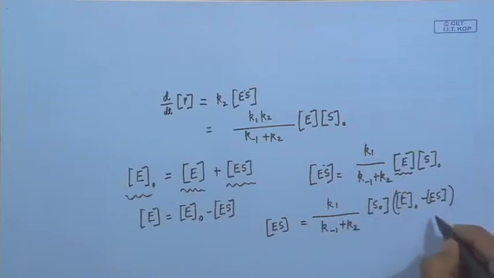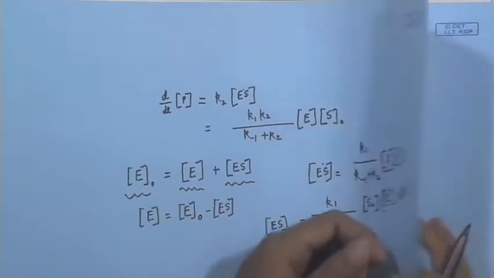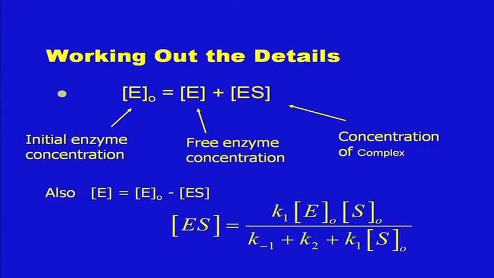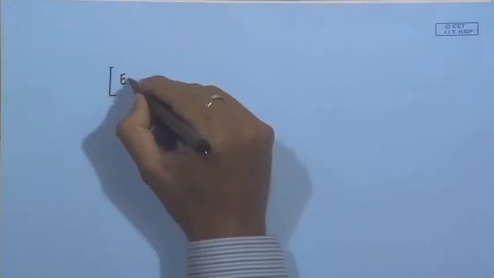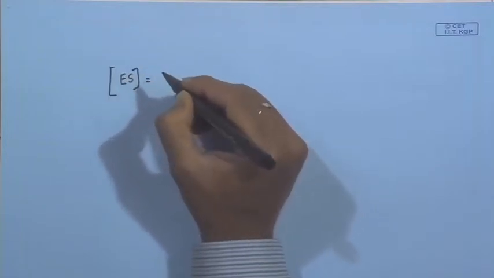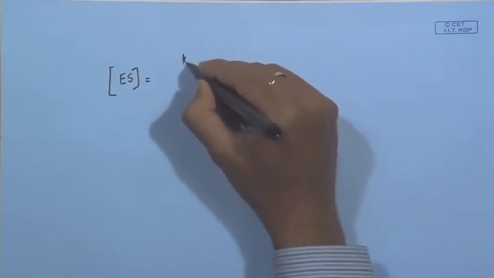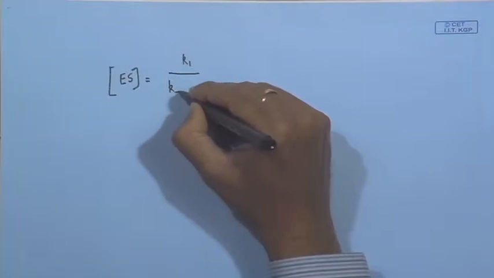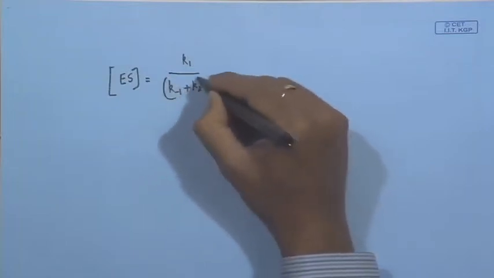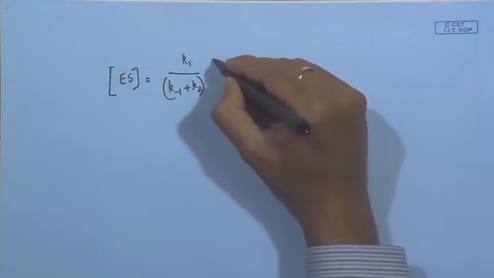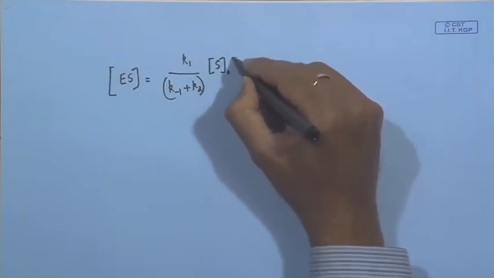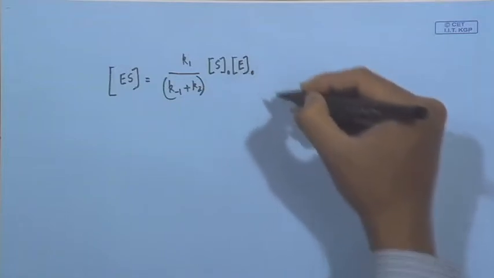So, if you transpose, then ES will come out to be equal to, let us do the transposition. ES will be equal to k1 by (k minus 1 plus k2) times S0 times E0.